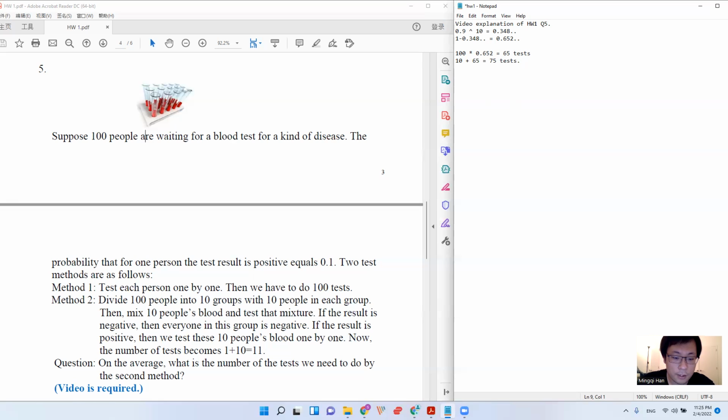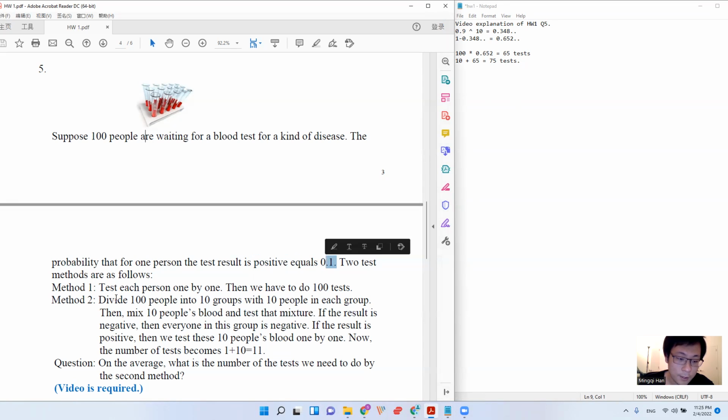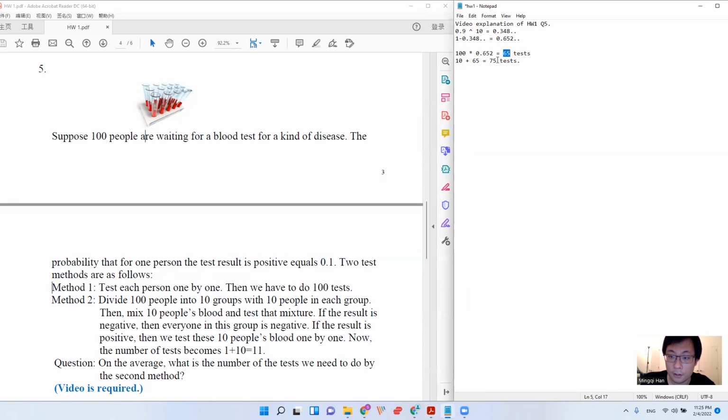What's interesting about this is that we can also calculate at what probability that one person has a disease that method number 2 is better than method number 1. This becomes X. We don't know that, but we do know that method 2 is better than method 1, which means that this is less than 100, this is less than 90, and this value is 0.1.